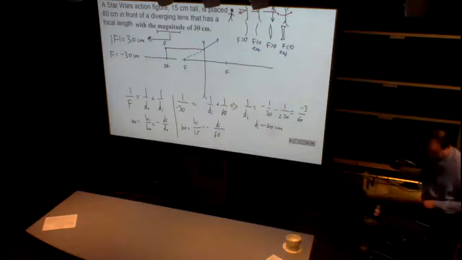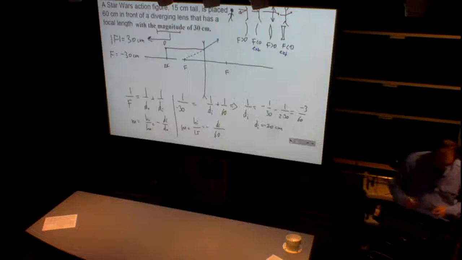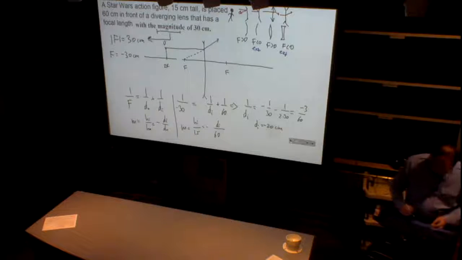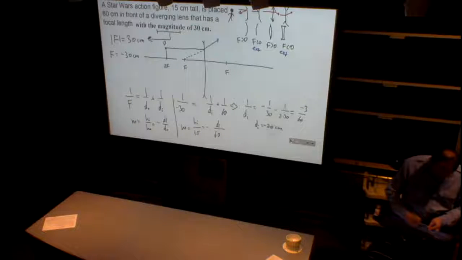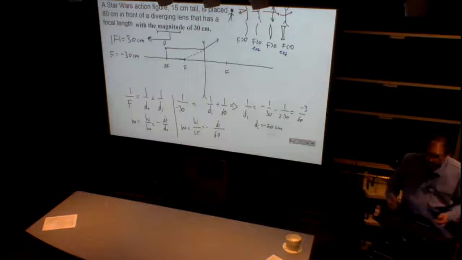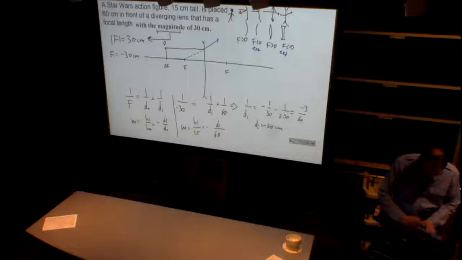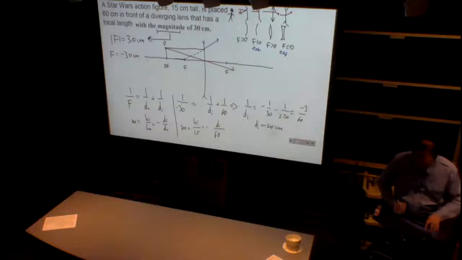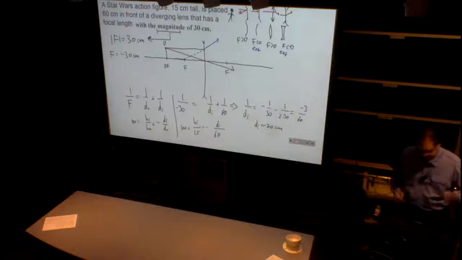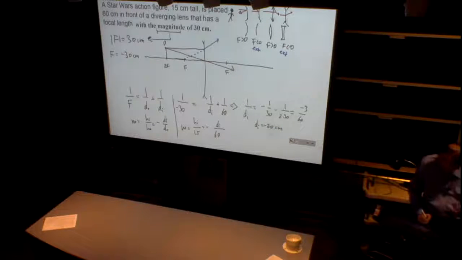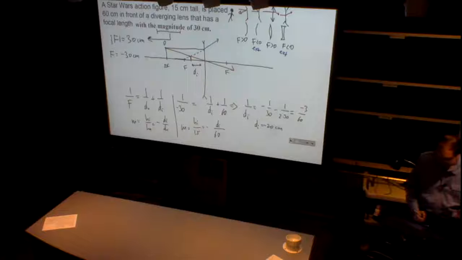What does a ruler do? Rulers rule. They rule the light rays. So this is 20 centimeters, as it has been found, less than 30, less than 60. That's it.